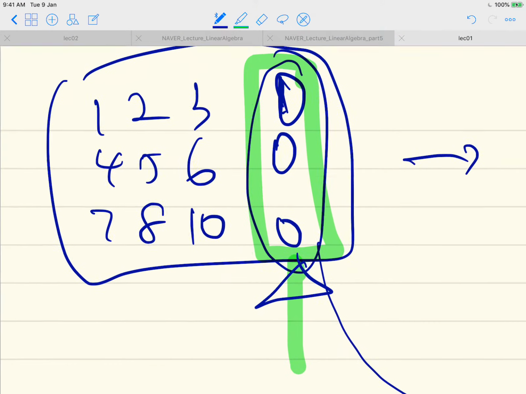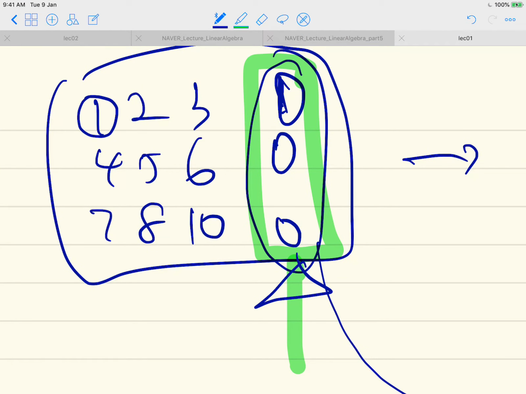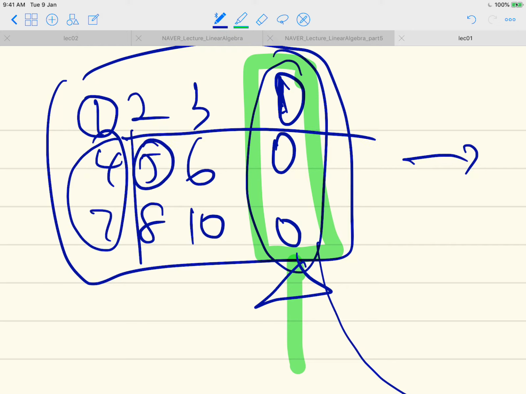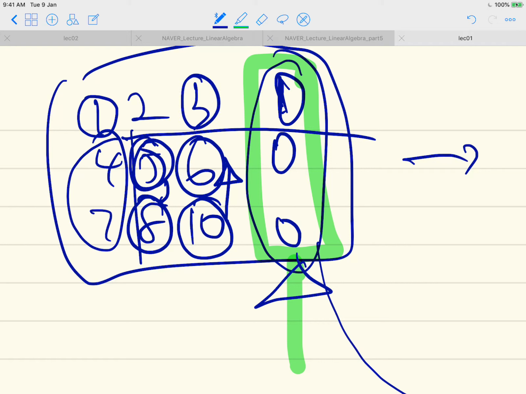So if you imagine it, using this entry we will remove this one, and from here we will use it to remove this one. Then we may have a non-zero over here, and we now look at the upper part, remove these two, remove this, and so on. So this will be a rough overview of the Gaussian elimination.